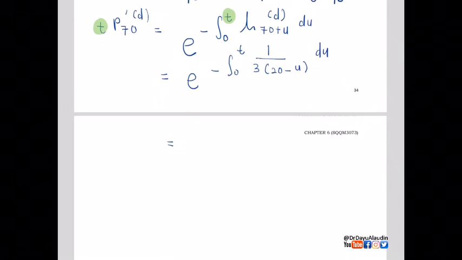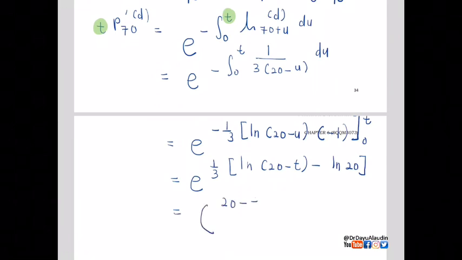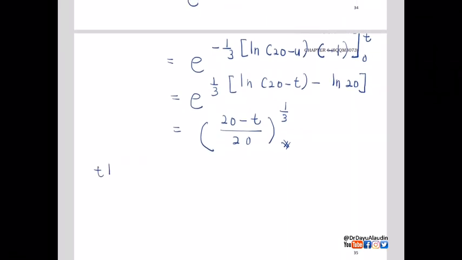So we will get ln of 20 minus u times negative 1 from 0 to t, and we solve for the ln, substitute the boundaries, and the answer is 20 minus t over 20, to the power of 1/3.